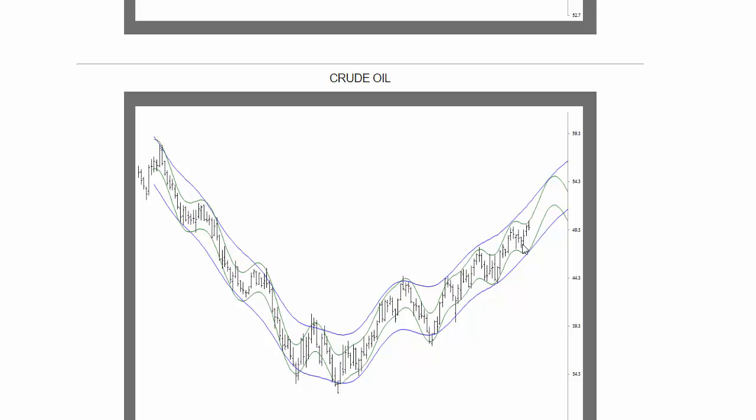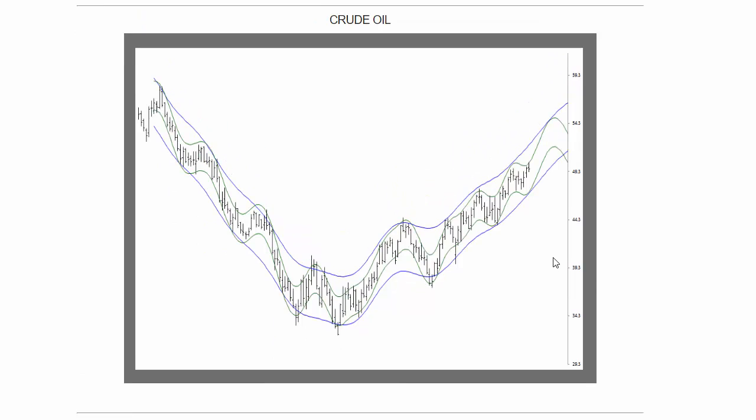So as long as it's continually making these higher swing tops, any pullback we would expect is likely going to make a higher swing bottom, and we would want to time that with our other indications.